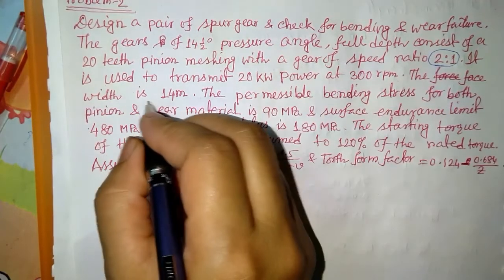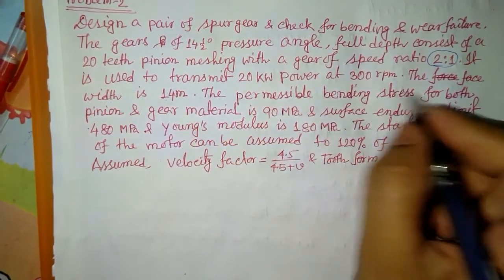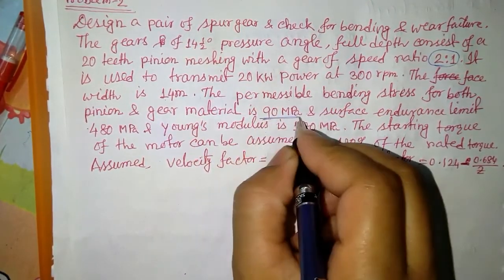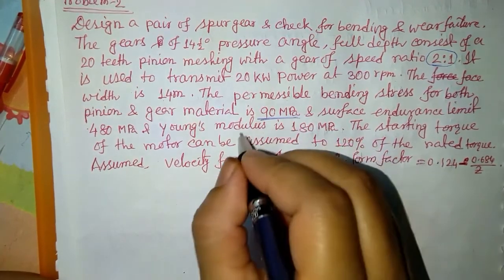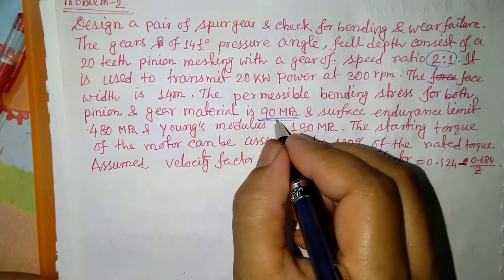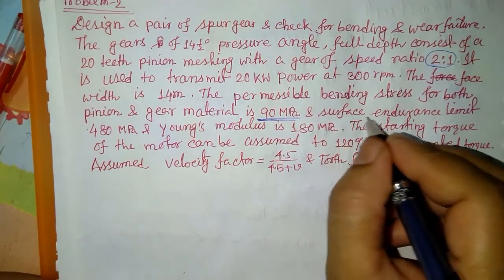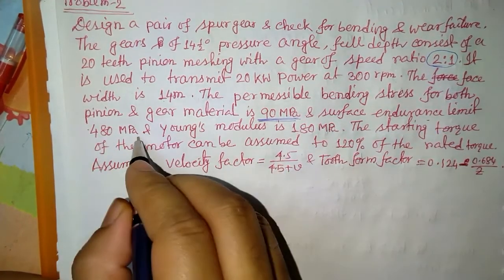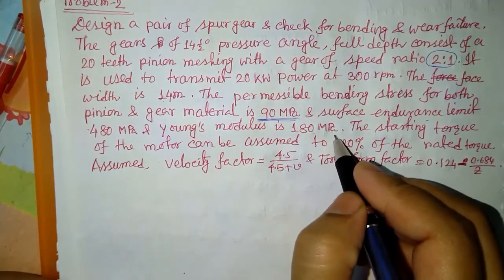The face width is 14 m. The permissible bending stress for both pinion and gear material is 90 megapascal. Here it is mentioned that the pinion and gear material is the same, and the surface endurance limit is 480 megapascal. Young's modulus is 180 megapascal.